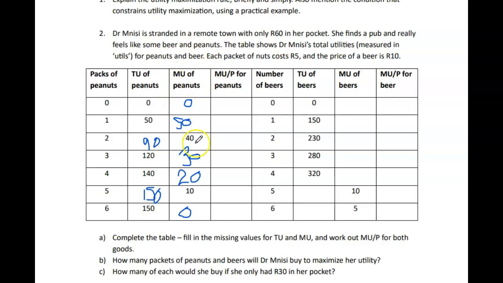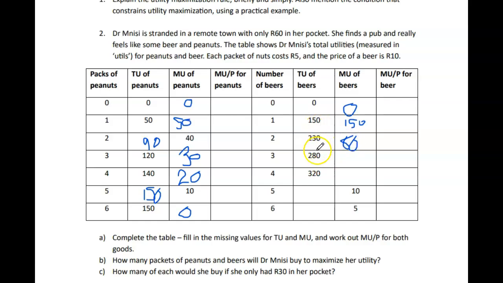Now while I'm on the same route over there, I'm going to do this one. So this is for beers. Now I'm going to speed it up. You can skip if you do not want me to do this. So marginal utility of beers. This will be 0. This will be 150. There's an 80 Rand difference, so this will be 80.